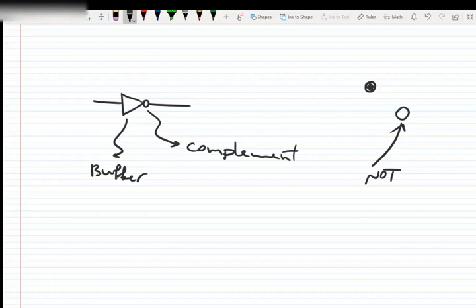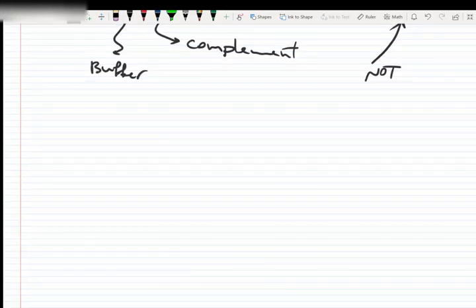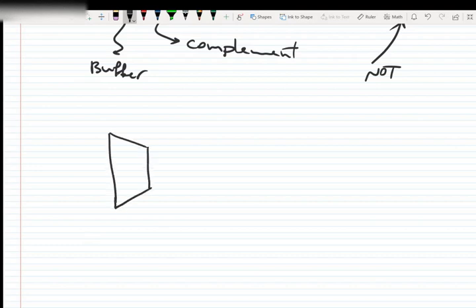Now here is the point. If we have a multiplexer like this, a 2x1 multiplexer, but we add this small circle here, what would be the characteristic table or truth table of this multiplexer?